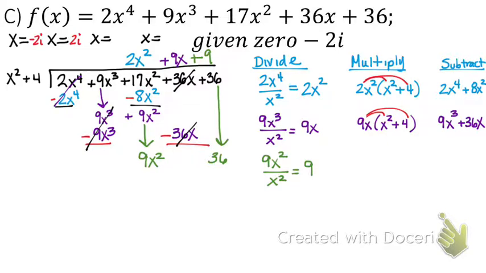And then multiply that 9 by x squared plus 4. And notice we get exactly what we have. We have 9x squared plus 36. So when I line up that 9x squared plus 36 and I subtract, they both cancel, and I know I did it right.